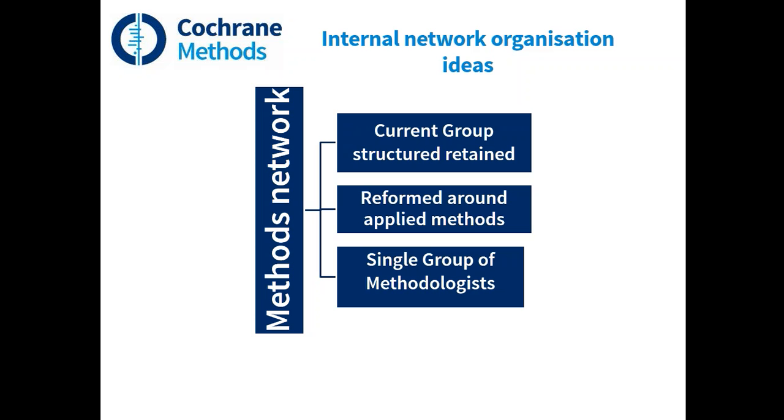Other suggestions have been around just having a range of methodologists, because a number of the key conveners of these groups overlap across a number of groups. People work across the piece. So is there a different way of looking at that?